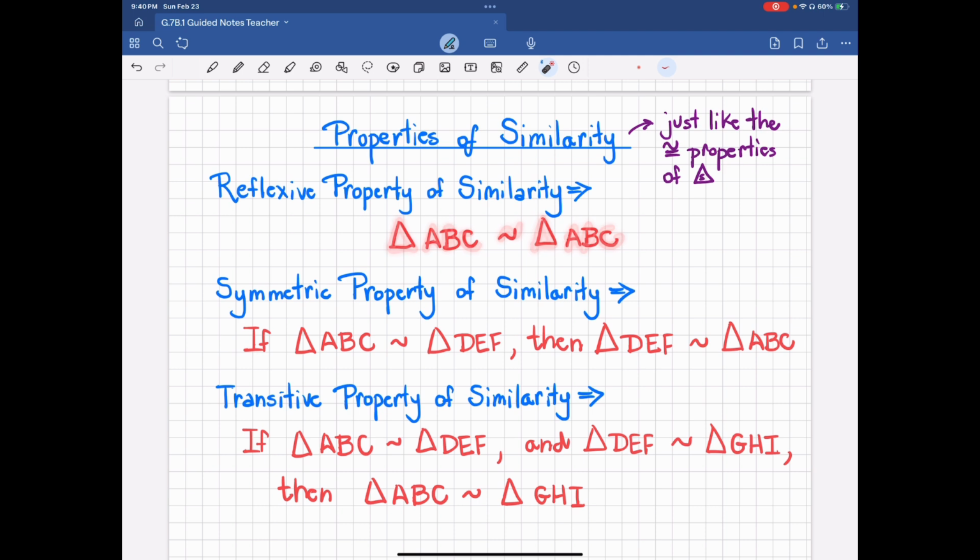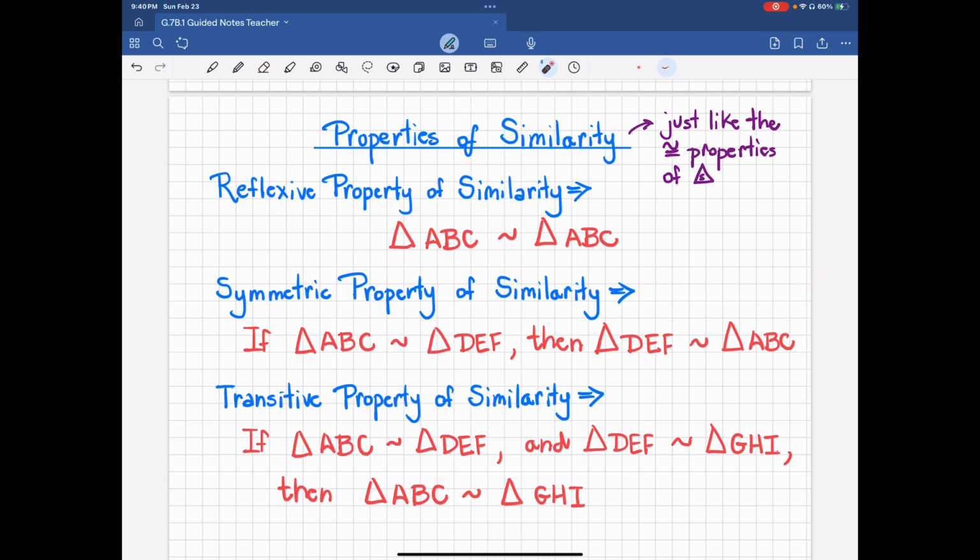So if I have a triangle ABC, I can say triangle ABC is similar to triangle ABC. Now, you know that they would also be congruent because it's the exact same triangle. So the k value here would be equal to 1. But those triangles are still similar, okay?